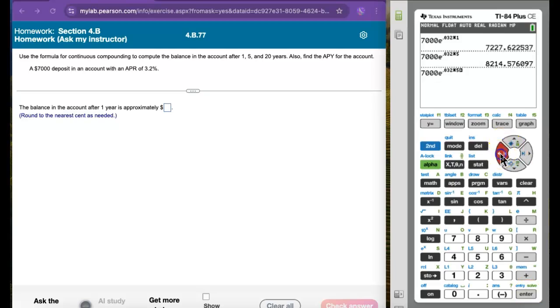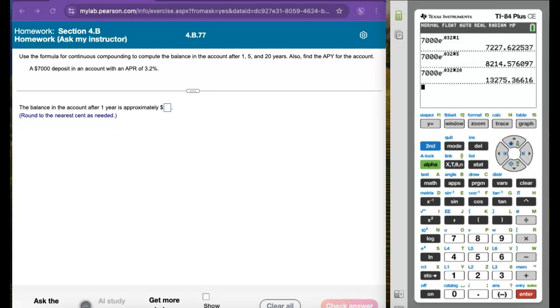And I'm just going to back up to the number of years, and change that to 20 years. And then I'm ready to calculate, enter. Okay, so these are our 3 answers for the problem. That's how much is in the account at the end of 1 year, 5 years, 20 years.